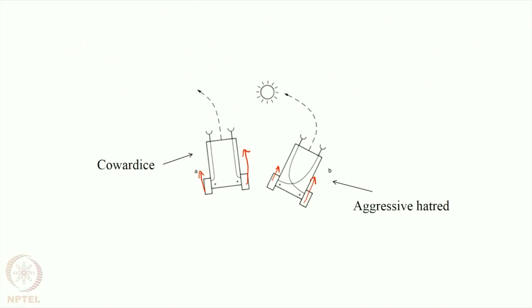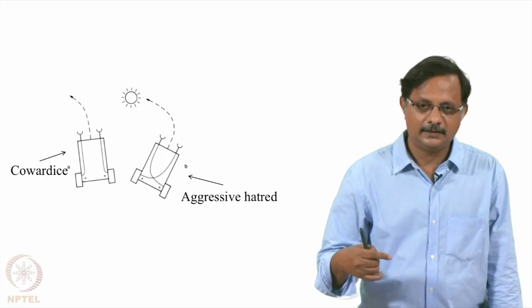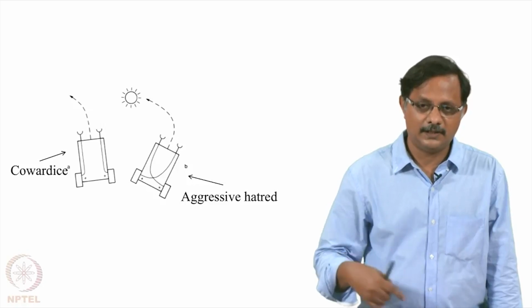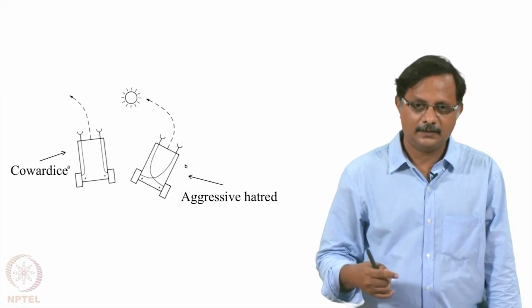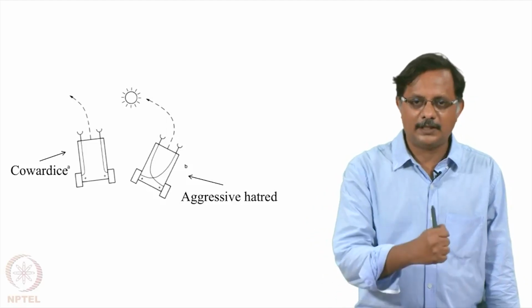But since the connection between the sensor and the wheel is a positive connection, as the sensor picks up stronger and stronger signals, the wheel turns faster and faster. Therefore, as the vehicle approaches the light, the signal gets stronger and stronger and the wheels turn faster and faster, and the vehicle simply rams into the light source.